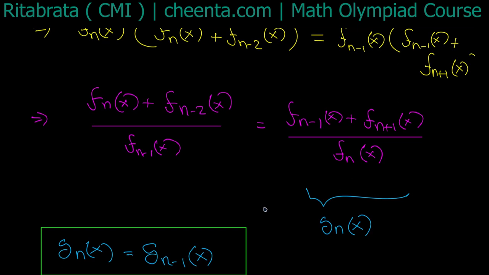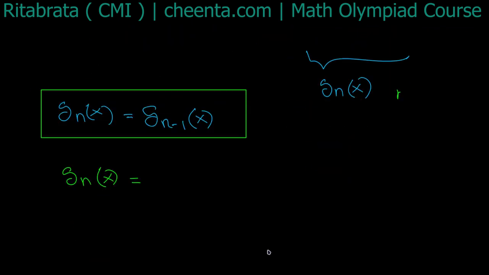For what values of n is g_n defined? g_n involves f_{n-1}, and f_{n-1} is defined for n greater than or equal to 1. So g_n is defined for n greater than or equal to 1, so I can reduce it up to g_1(x). So this is the same as g_1(x) for all x in R.